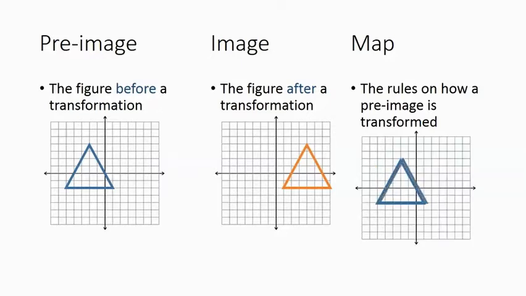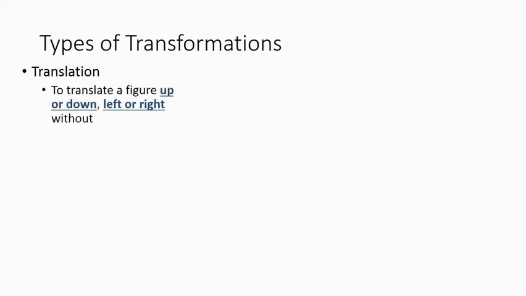In our pre-image to image example, the triangle was translated right 6 spaces. We can also write that as x plus 6, comma, y plus 0, because it did not move up or down. Our types of transformations are translation, that is to translate a figure up or down, left or right, without changing its orientation.